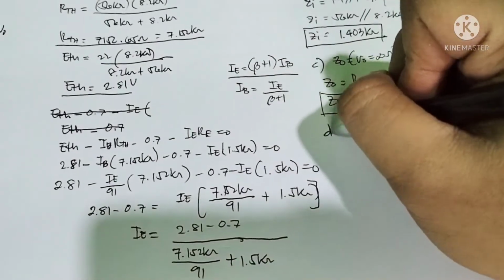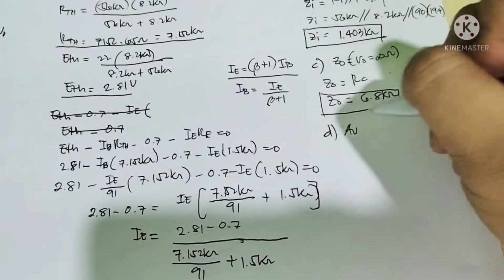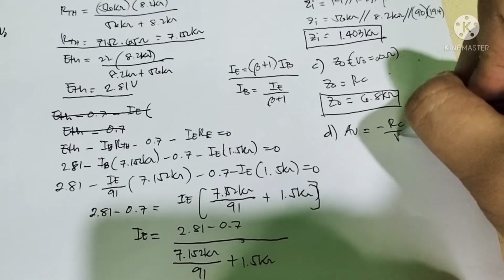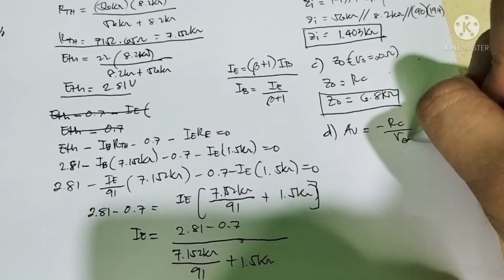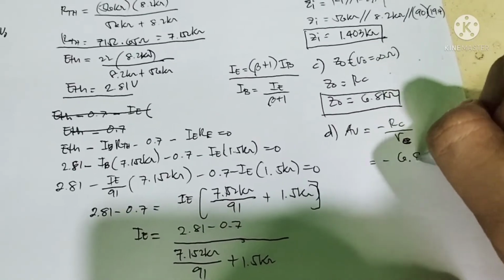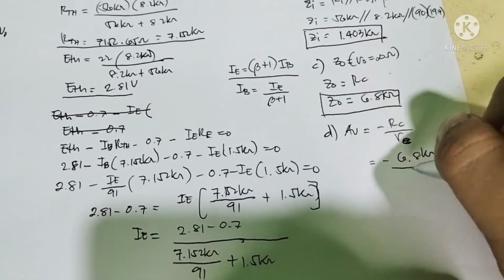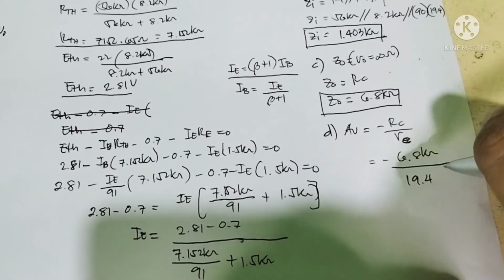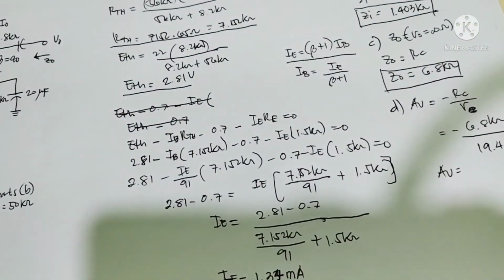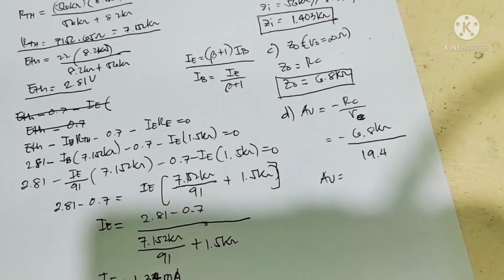Letter D is voltage gain. So voltage gain is equal to negative RC over r sub e. So this is negative 6.8 kilo ohms divided by 19.4.